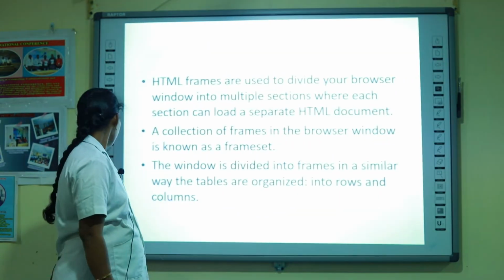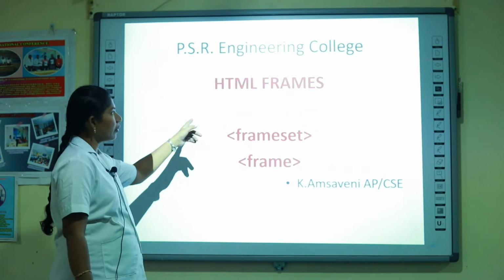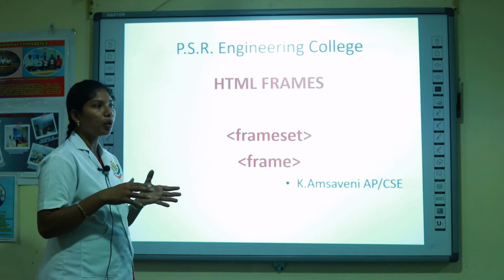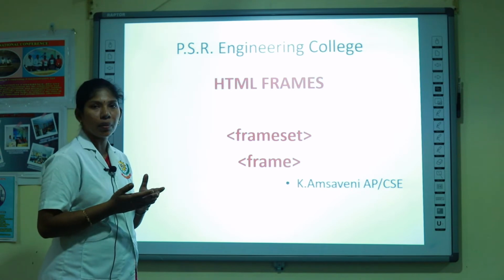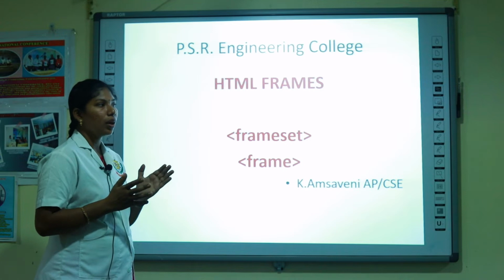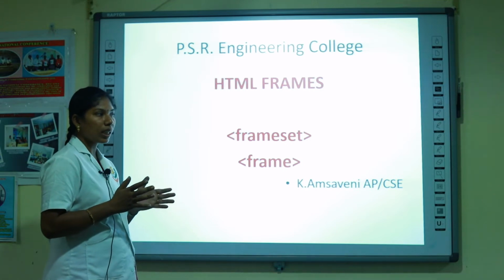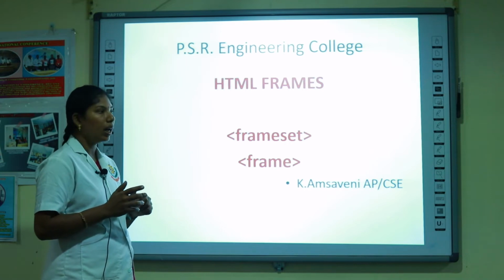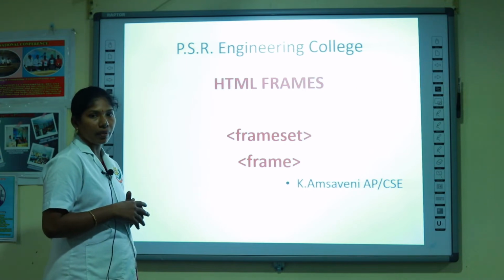Previously, the frame means the browser window, that is the output of any HTML document will be a browser window, right? Each and every website has a collection of web pages, and for creating each and every web page, we will be using HTML language.